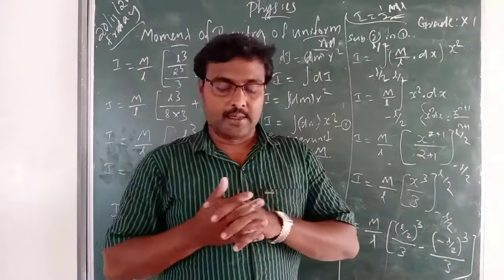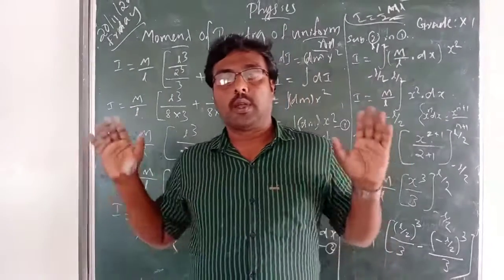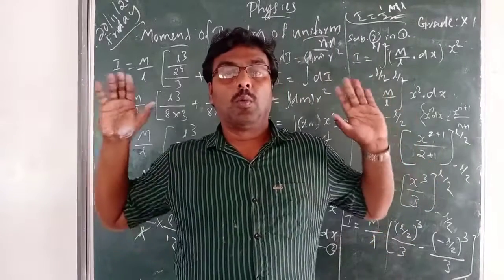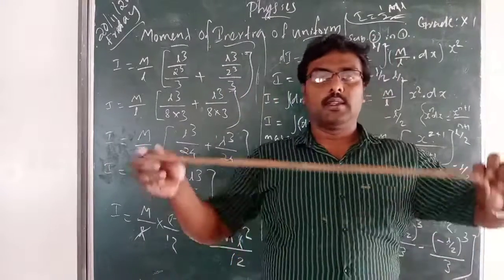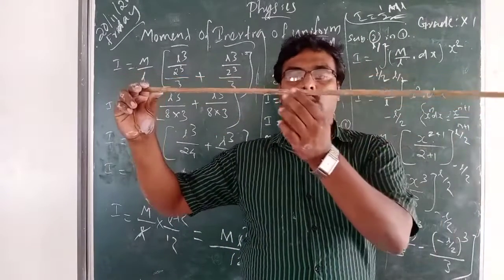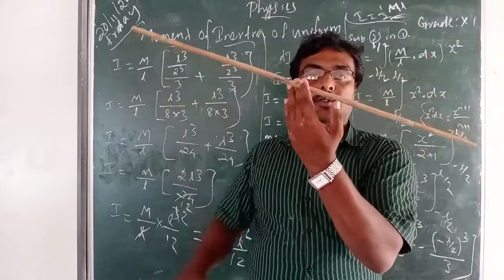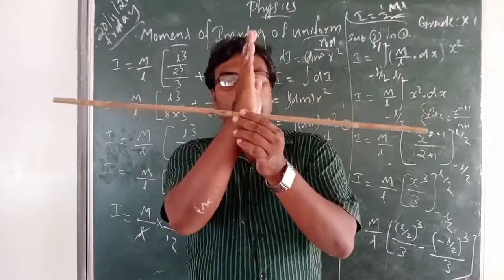You can see this on page number 235. So again remember, here we are finding the moment of inertia of a uniform rod. This rod is kept with its center at the origin of a coordinate system.